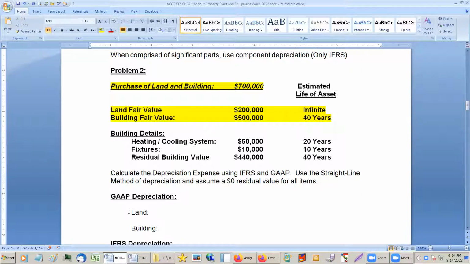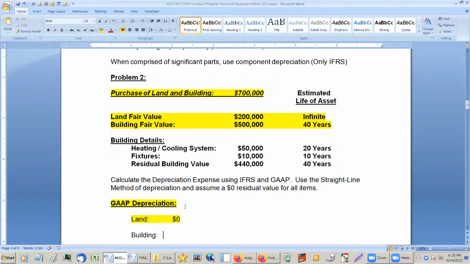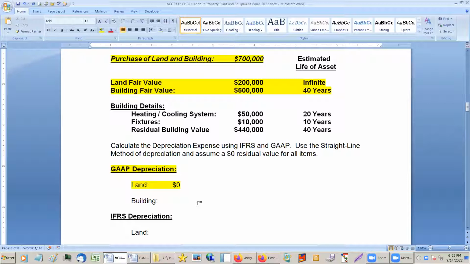Let's go ahead and do that. So GAAP depreciation for land would be 0, infinite life. Building: 40 years, 500,000 divided by 40 years is some number. 12,500. 12,500, thank you.